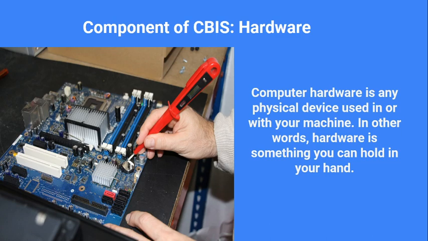Like the computer includes in it the cabinet for the central processing unit, that is CPU, and all of its supporting equipments. Supporting equipments like the input devices, that is the keyboard, mouse, the output devices, that is the monitors, the printers, the storage devices, hard disk, RAM, and the communication devices also, like the modem, routers. Right? So first component required to run a CBIS is hardware.